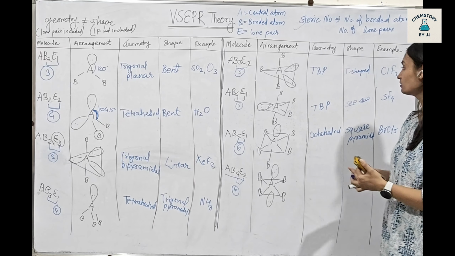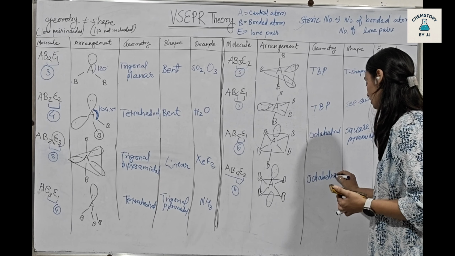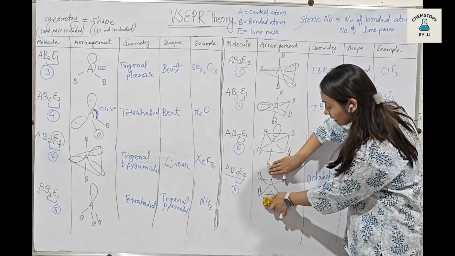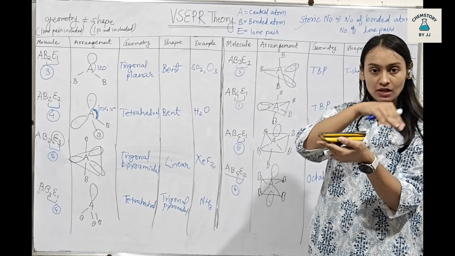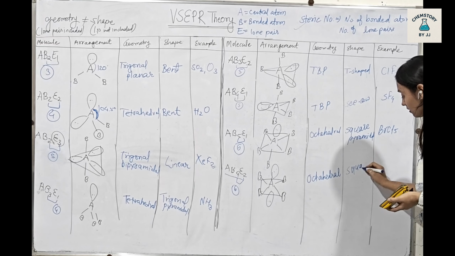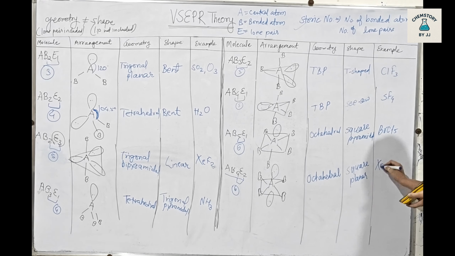Right? The geometry is, yes, octahedral. And obviously the shape for it, we are going to neglect the lone pairs, right? And these 4 B's are in a plane. So it's in square shape and a plane. It is going to be square planar. The prime example is XeF4.